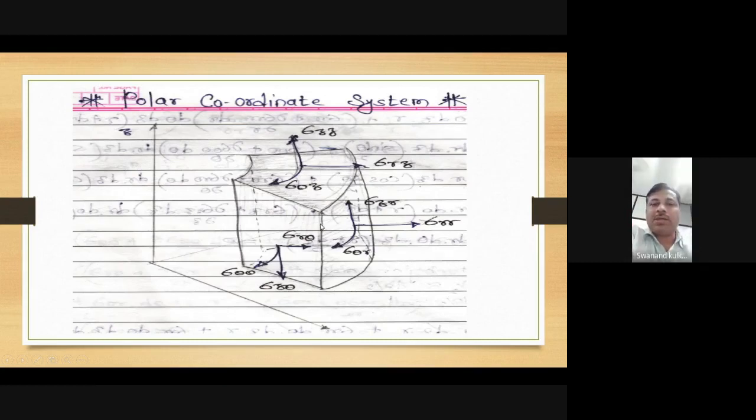So this is the thickness z, this is the radius r, and this is the angle theta. These are the three parameters with which we present the polar coordinate system.